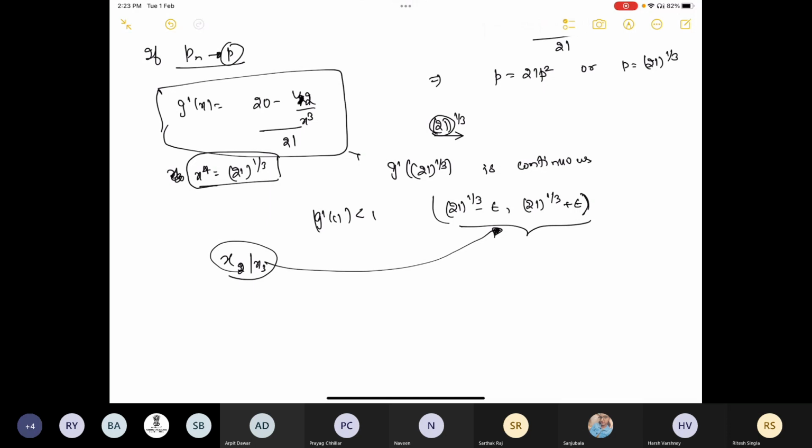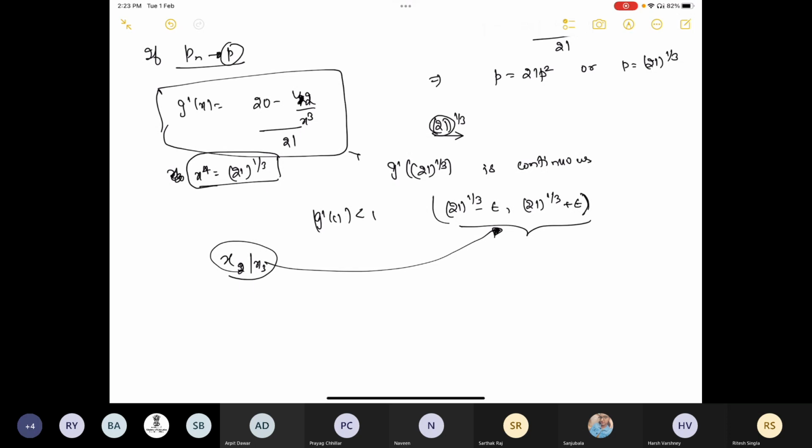But try to apply the idea I'm giving you at least once or twice. Okay, so please try question number 3 on your own now. I have given you enough idea of how we can approach this problem, how we can get the order of convergence, speed of convergence, all these things.